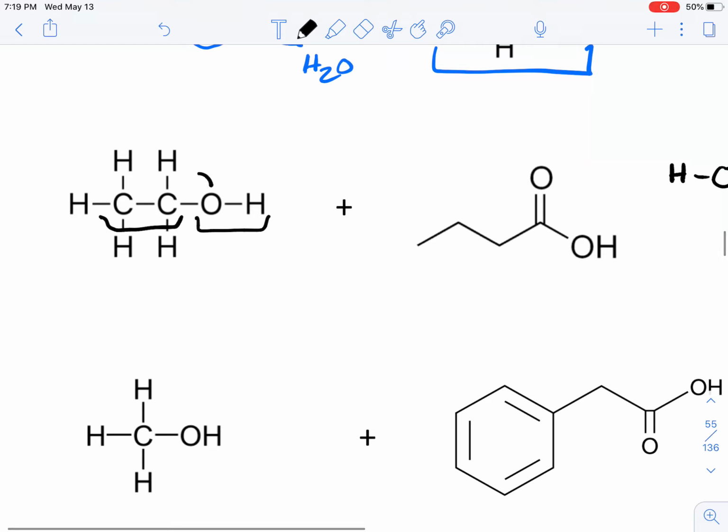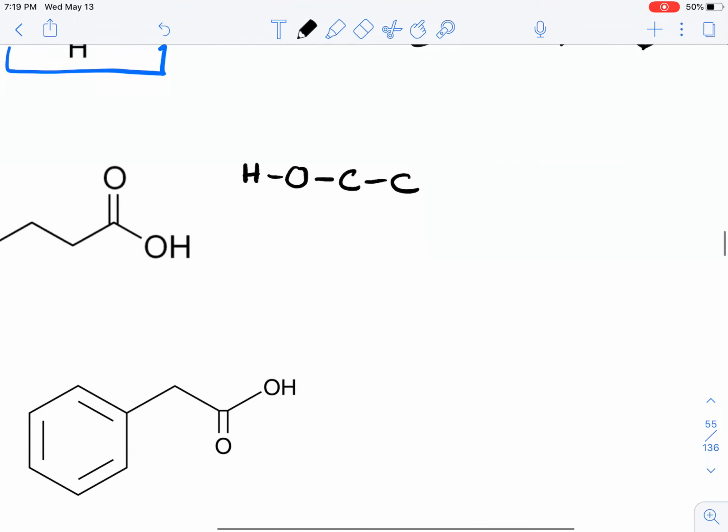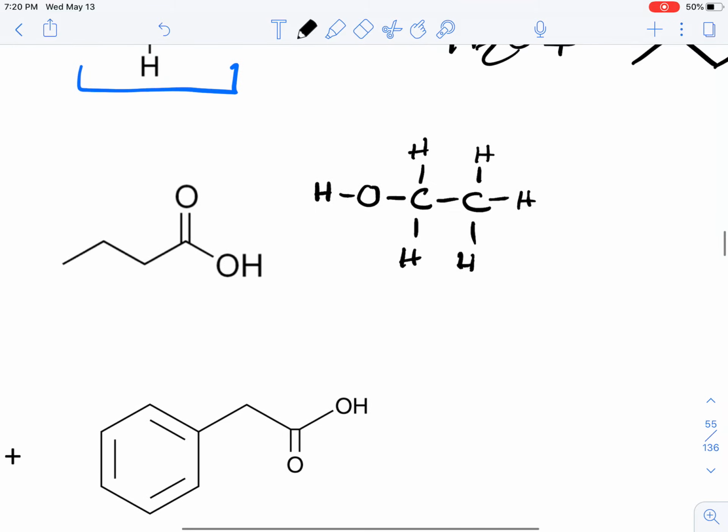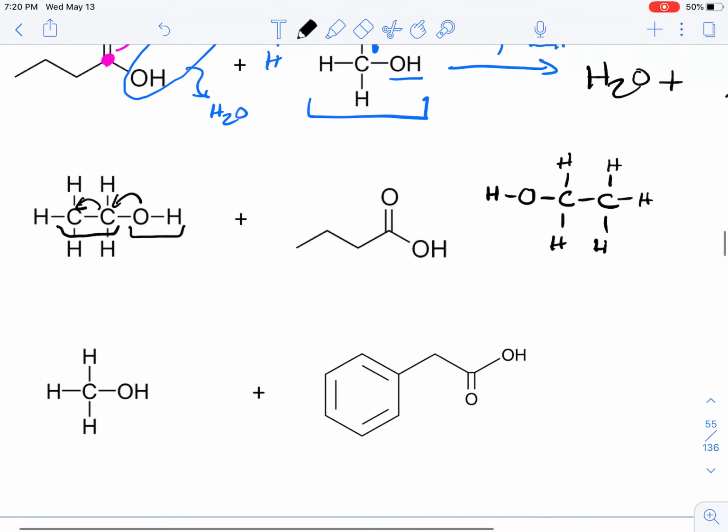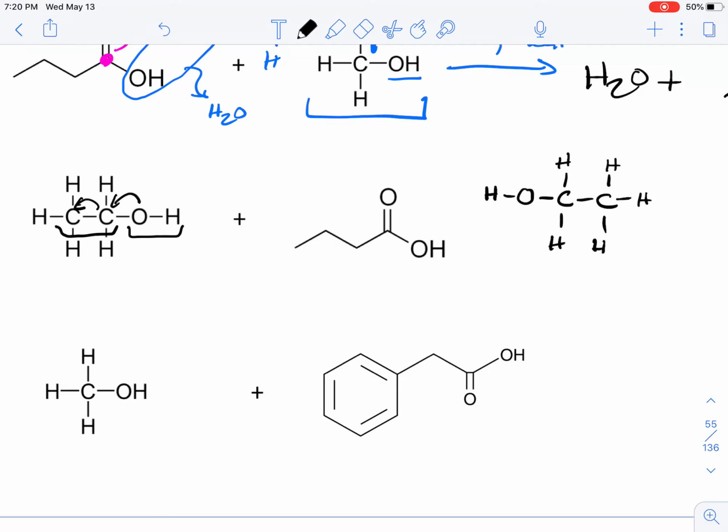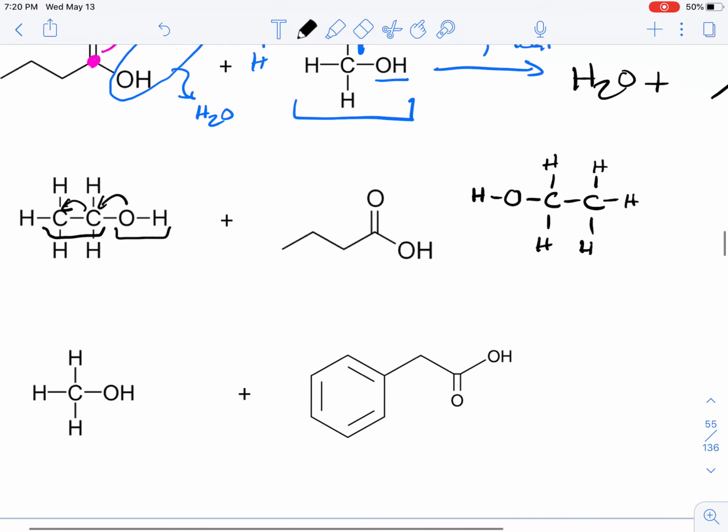So here's oxygen, 1, 2 carbons, and then there are hydrogens surrounding those carbons. You just want to add enough hydrogens so that it is saturated. Now that I've flipped my alcohol, notice that I have the correct number of carbons, hydrogens, and oxygens.